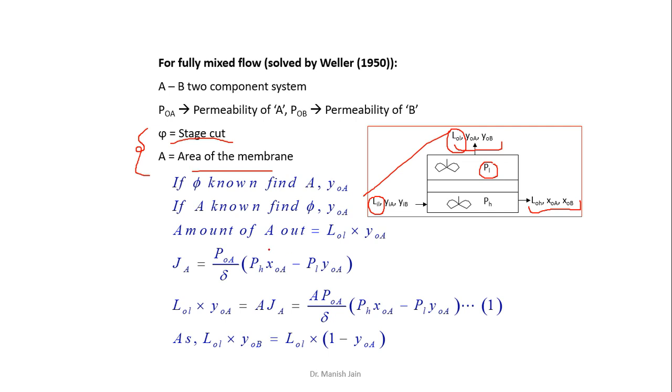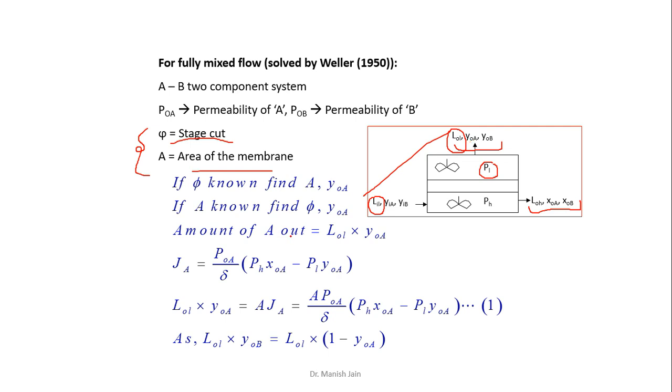Now the amount of species A that comes out from the permeate side should be equal to the overall flow rate multiplied by the mass fraction. If LOL is given as mole fraction, then the concentrations are also in mole fraction, and if LOL is in mass fraction, then the concentrations are also in mass fraction.